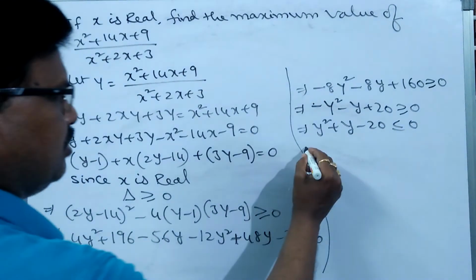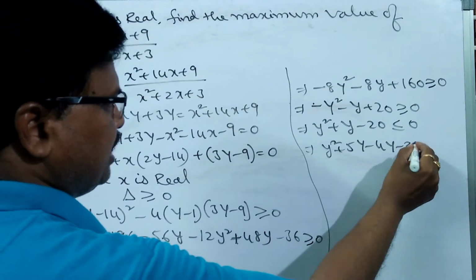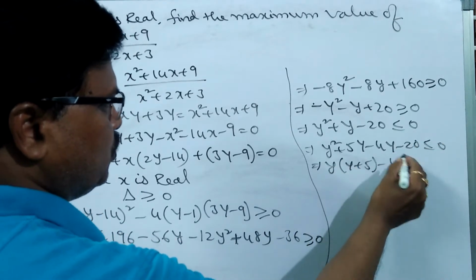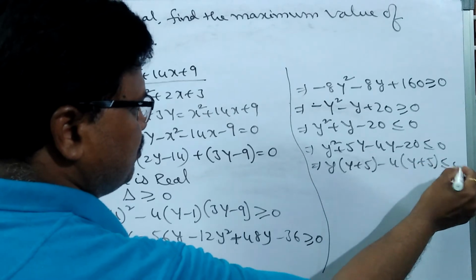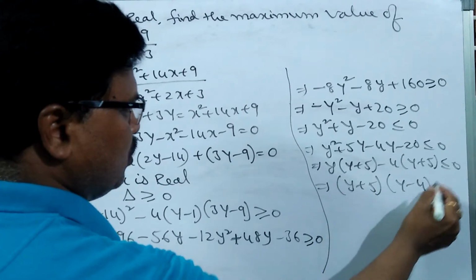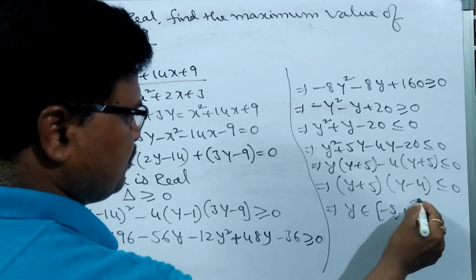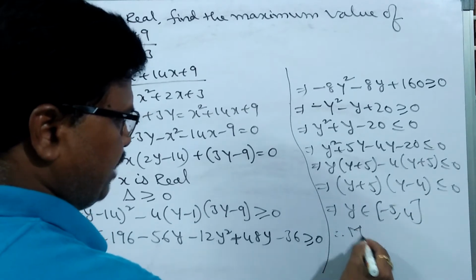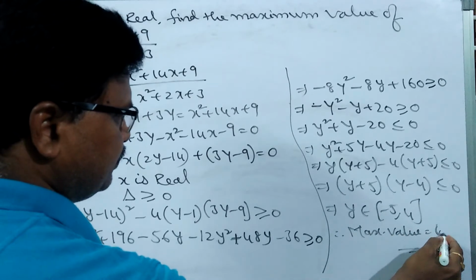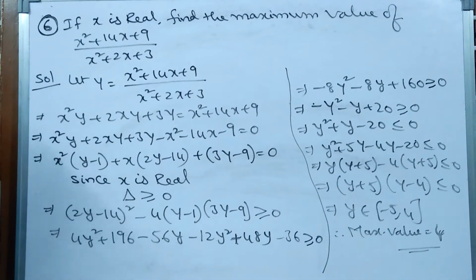That means if you factorize it, y square plus 5y minus 4y minus 20 less than or equal to 0, y into y plus 5 minus 4 into y plus 5 less than or equal to 0, which implies y plus 5 into y minus 4 less than or equal to 0. This implies y belongs to minus 5 comma 4. Therefore maximum value is equal to 4. Because this is the minimum value and this is the maximum value of the given expression.